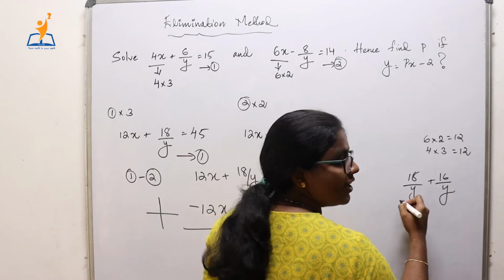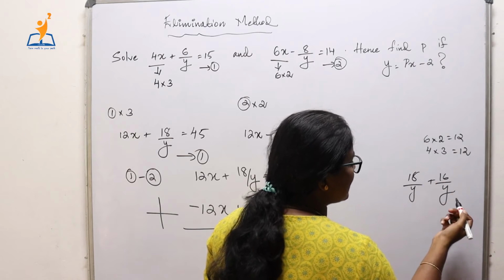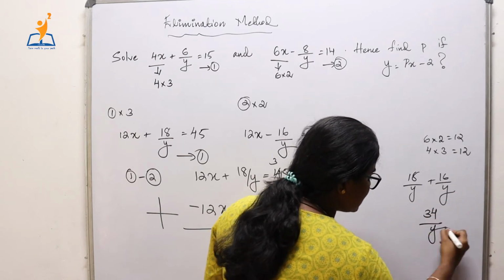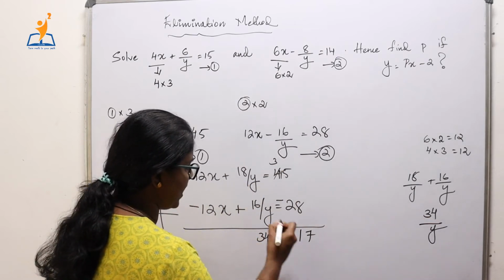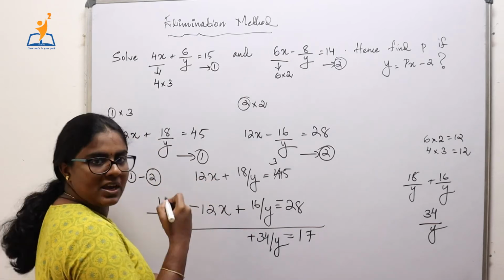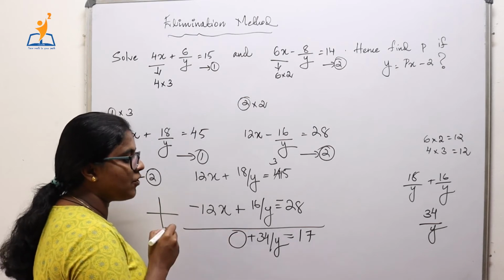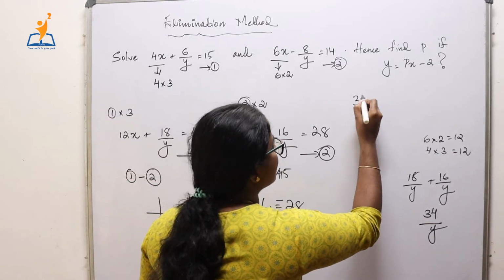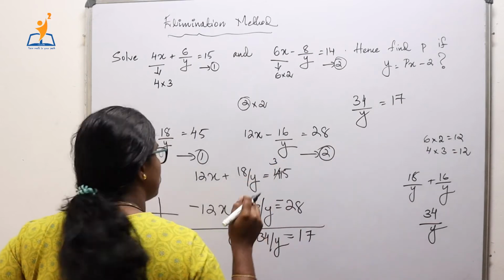Now what is 18 plus 16? 18 plus 10 is 28, and 28 plus 6 is 34, so that is 34y. Now what is 12x minus 12x? It is 0. So 0 plus 34y is equal to 17. That is 34y equals 17. This is what we got.